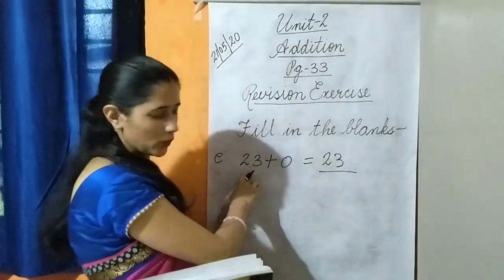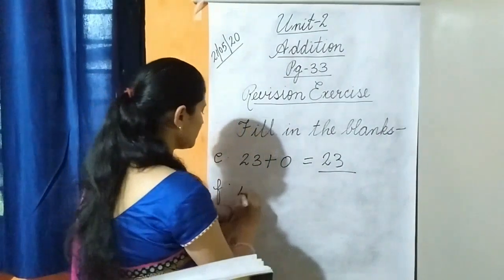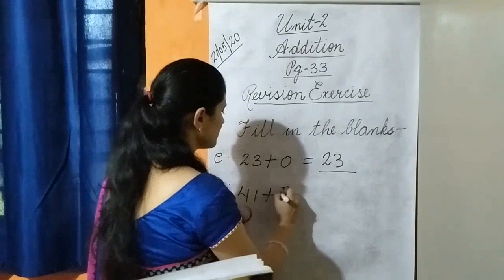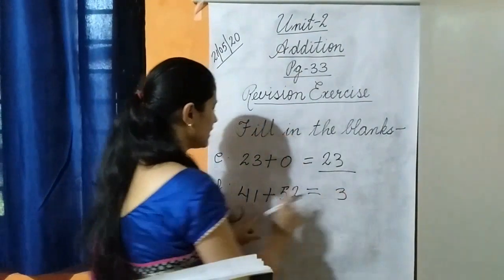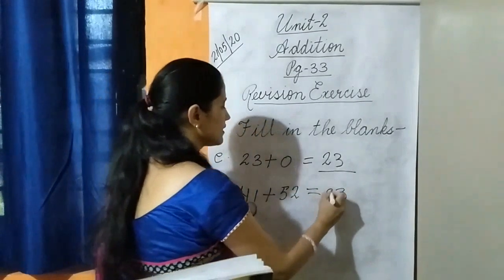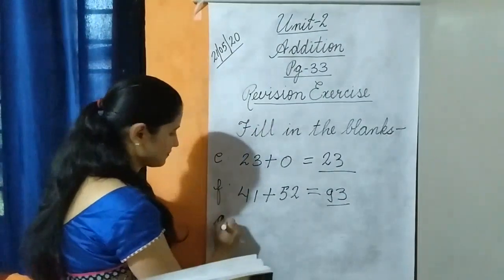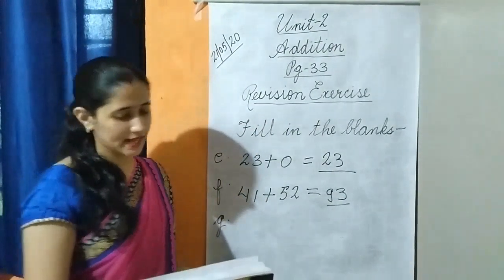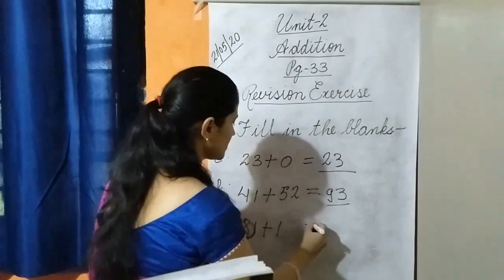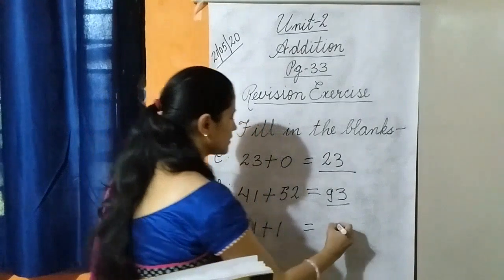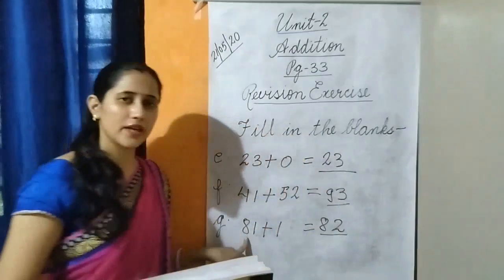Then F is 41 plus 52. 2 plus 1 is 3 and 5 plus 4 is 9. 93. G is 81 plus 1. 1 plus 1, 2, and 8. 82.